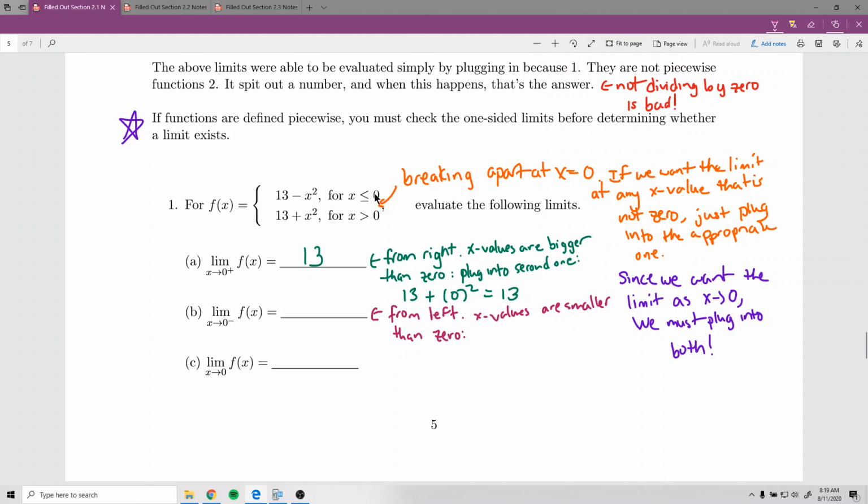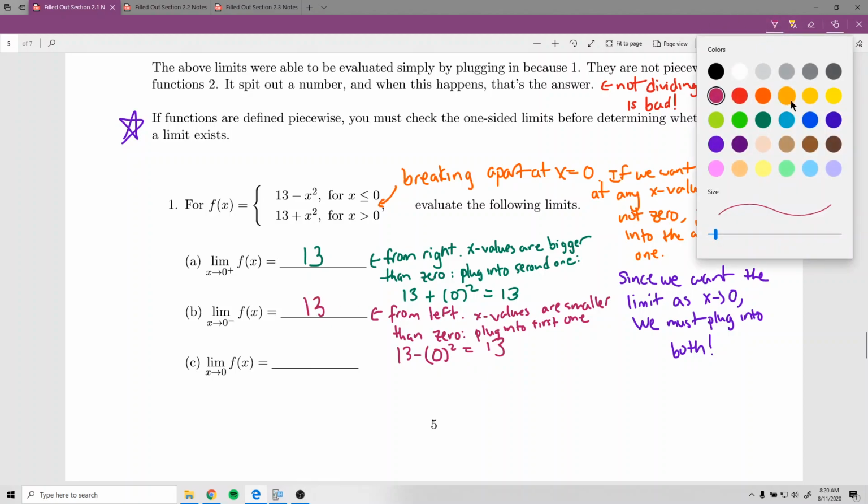So when the x values are smaller, that's where the first one comes into play, because negative numbers to the left, numbers smaller, are less than. So we got 13 minus 0 squared. Plugging it into the first one, that equals 13.